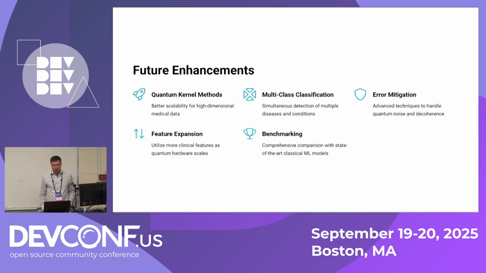Also, I didn't talk about error correction, but we know there's error in the system, so there are algorithms that will combine gates in a way to correct for errors. So that's another thing to potentially add. Look at more features, and also benchmark this against a classical computer doing ML. So those are future enhancements.